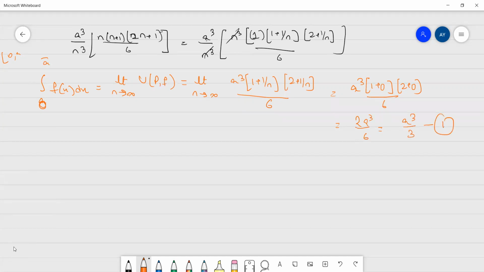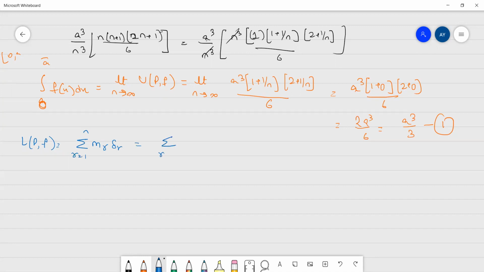In the same way, you have to find LPF and then find the lower Riemann integral. So how will you find that one? Taking LPF. So what is LPF? LPF is equal to summation r equals 1 to n of small mr into delta r. So what is small mr? It is r minus 1 into a by n, whole square.